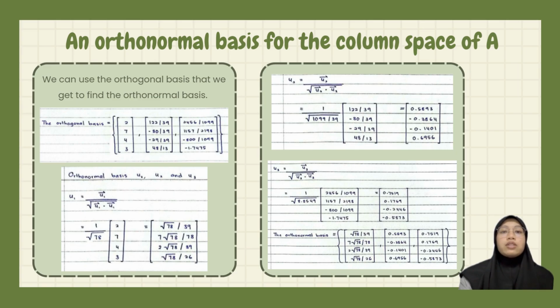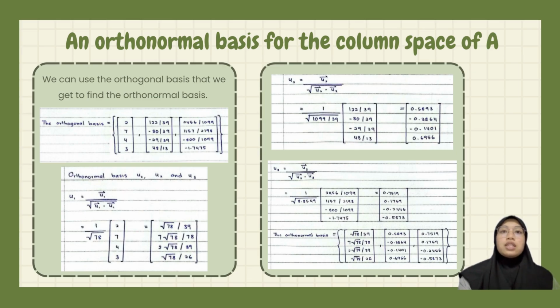From my handwritten solution, the first orthogonal vector u1 is equal to the matrix 2, 7, 4 and 3. So first, we compute the dot product of u1 with itself. Then we divide the vector by the square root of this value. This gives the first orthonormal vector.